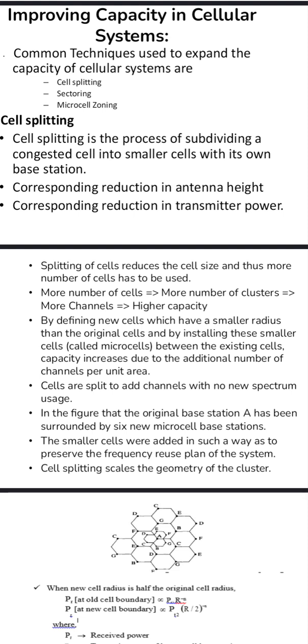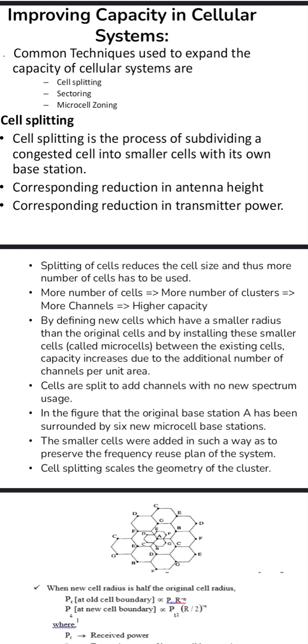Splitting of cells reduces the cell size, and since it reduces the size of the cell, more cells have to be used. More cells lead to more clusters. More clusters lead to more channels. More channels lead to higher capacity.